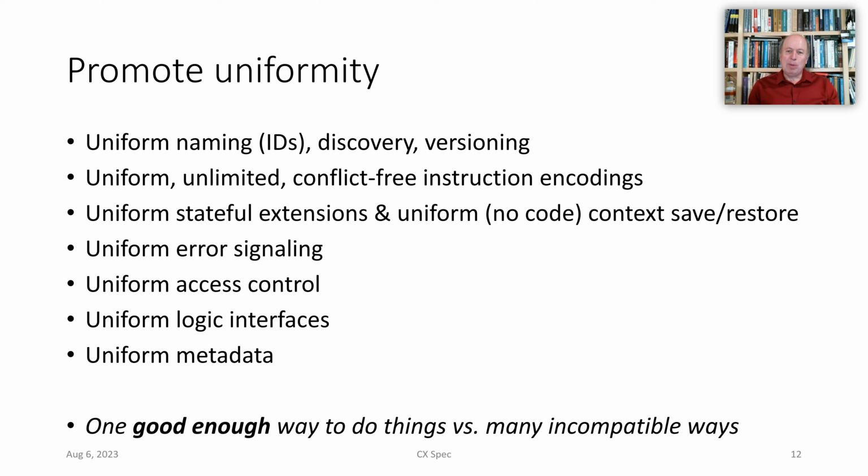By uniformity, we mean that there should be one way of doing most things: a uniform way of naming, discovering, and versioning extensions, a uniform, unlimited, conflict-free way of encoding the custom instructions, a uniform means for managing the state and context save restore of stateful extensions, uniform error mechanisms, and uniform access control. Uniform hardware logic interfaces and metadata to make it easier to compose and test extension implementations. And in general, one good enough way to do these things versus inventing many incompatible ways and the fragmentation that comes with that.